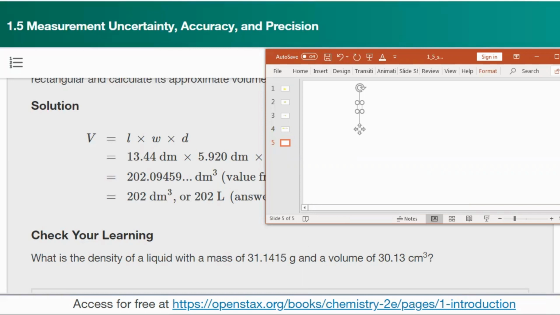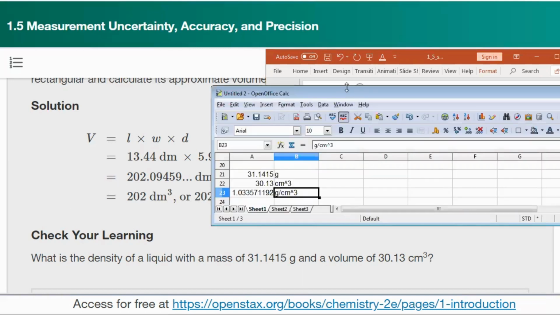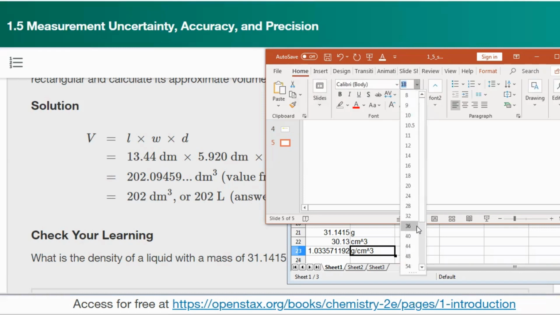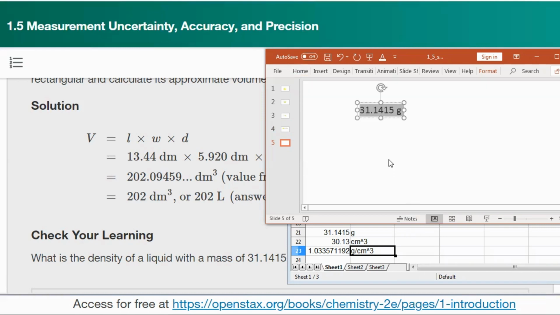So what was our answer on the spreadsheet? 31.1415 grams. Let me make this larger. And we're going to divide by 30.13 cubic centimeters.